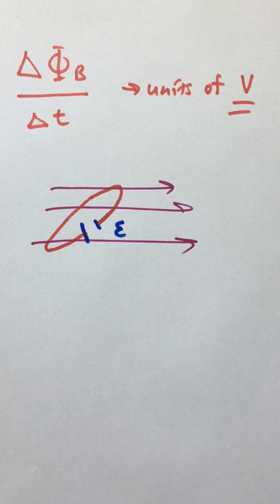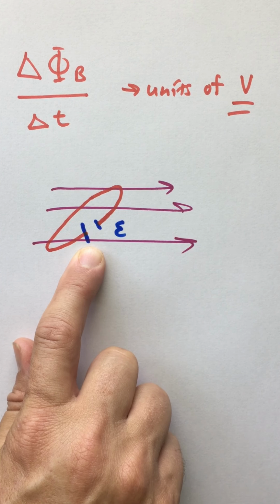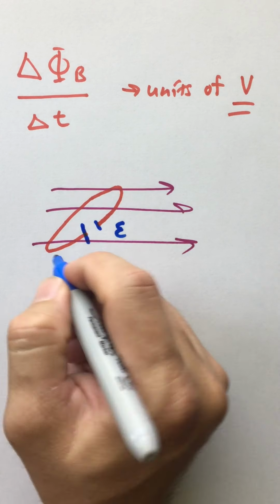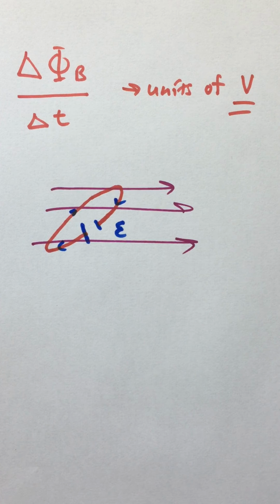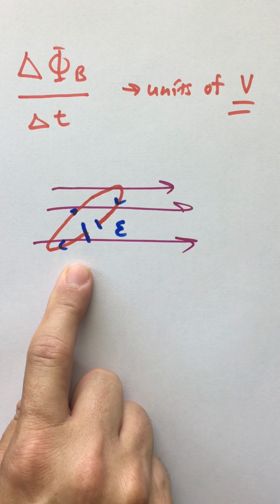I induce some EMF. This is a closed loop. If you induce an EMF across two points in the loop, guess what's going to happen? Current is going to flow. And the way I've drawn the EMF, current will flow in this direction. That's really interesting. Although if you've ever used a generator, this is exactly what's happening.